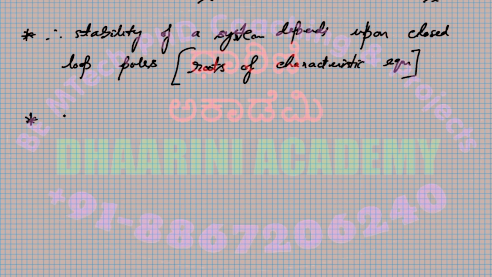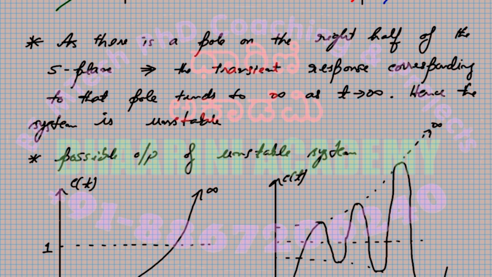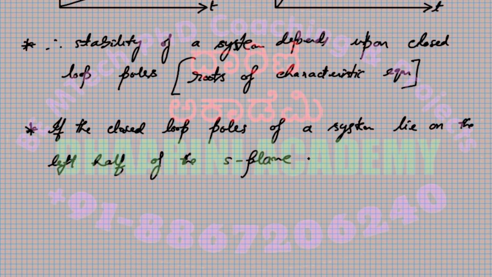So if the closed loop poles of a system lie on the left half of the S plane, then the transient response corresponding to the poles will tend to zero as the time goes to infinity, correct?